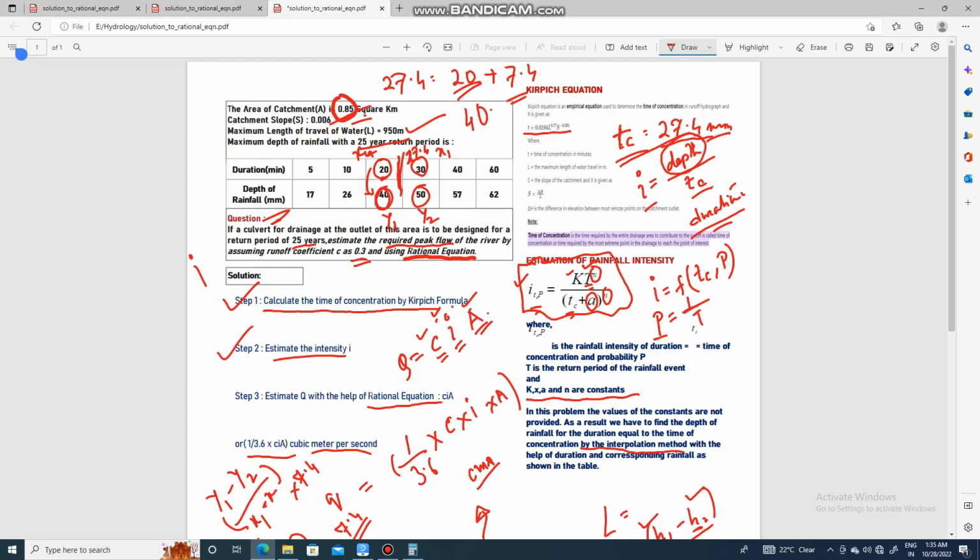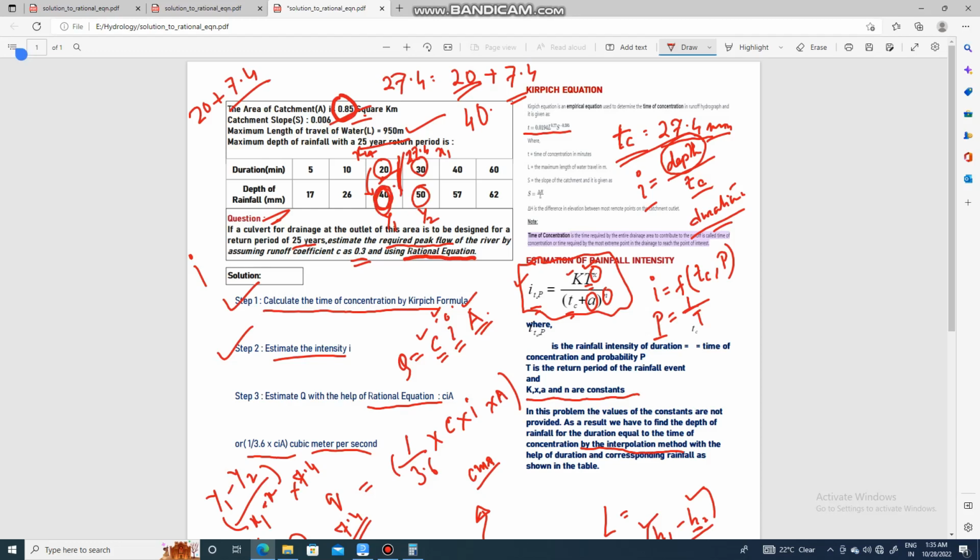In the case of 20, we see that there is 40 millimeter rainfall. For 30, there is 50 millimeter rainfall. So 27.4 is the duration. We can write 27.4 as 20 plus 7.4. And also here the corresponding 40 is fixed.